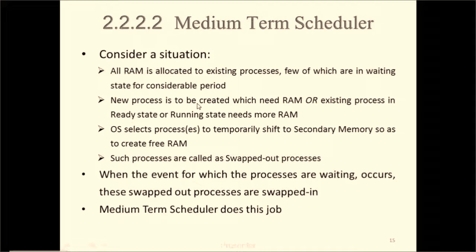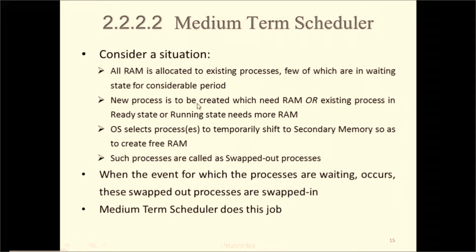So the option preferred by the designers is: a process which is already allocated RAM and is in waiting state, typically for a considerable amount of time, how about shifting such processes temporarily to the secondary, thereby making some RAM free, and then allocating this newly freed RAM to the new process, so that the new process also can begin its execution.